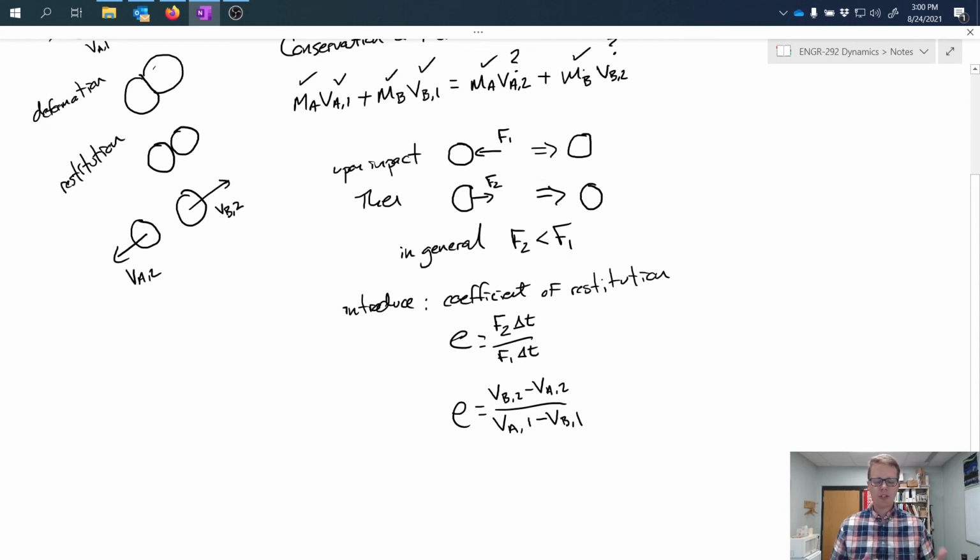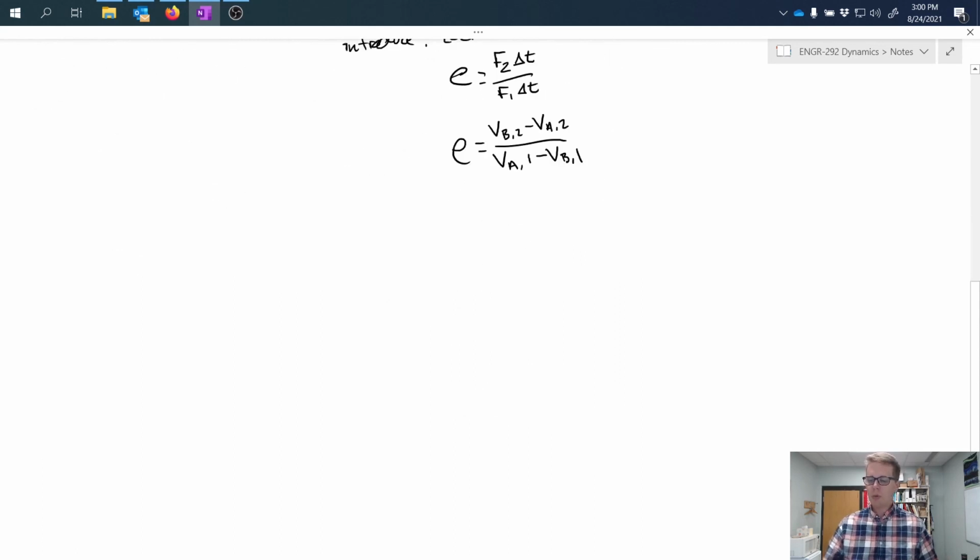And the coefficient of restitution is itself a material property. We could actually measure it.